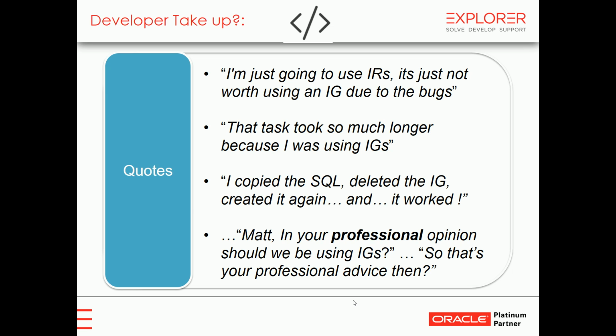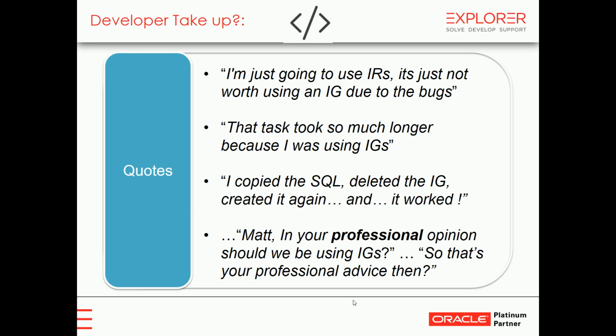Number three, I heard this more than once: I've copied the SQL out of the interactive grid, I've deleted the interactive grid, created it again, and it worked. Now, yes, I've seen that on more than one occasion. I've seen it where an interactive grid, for whatever reason, decided to have a select list down the column. We tried to hunt for this select list, we couldn't find it.